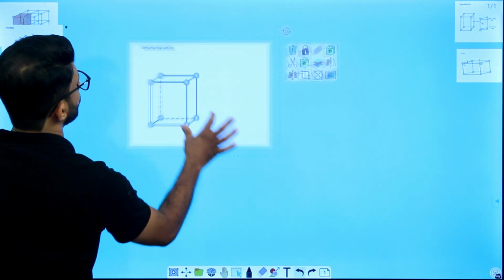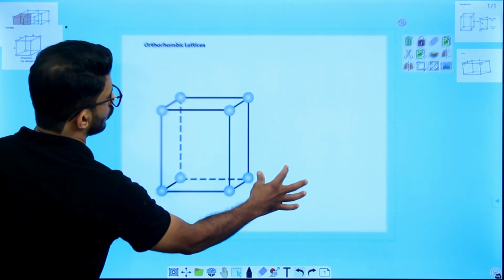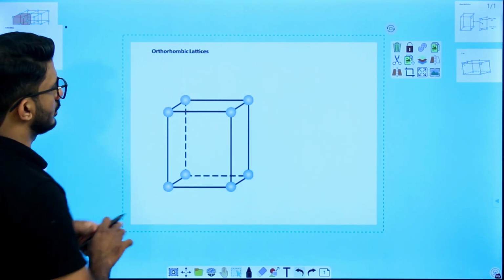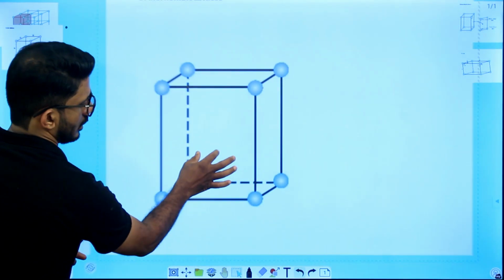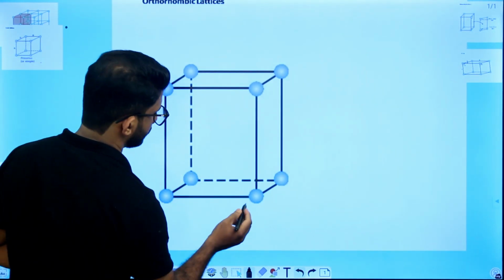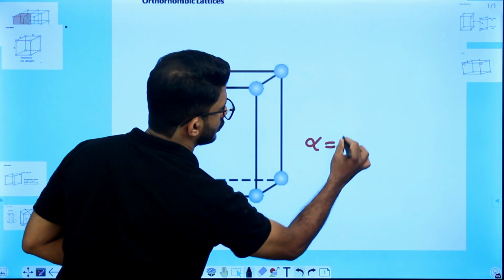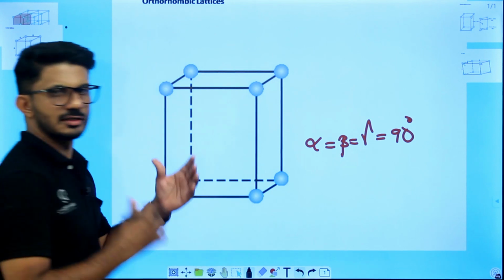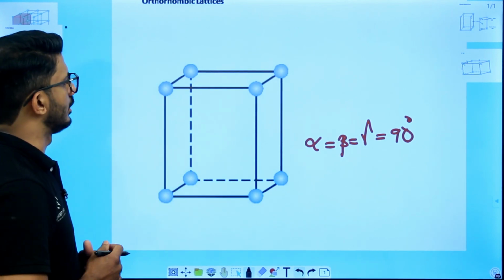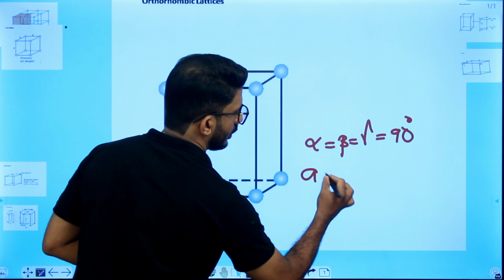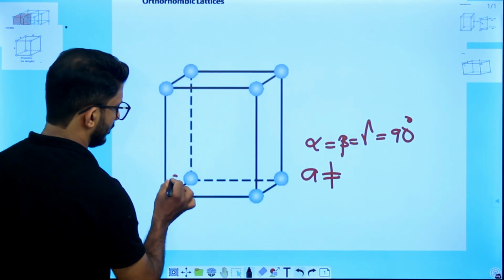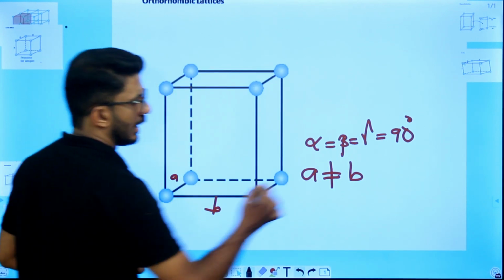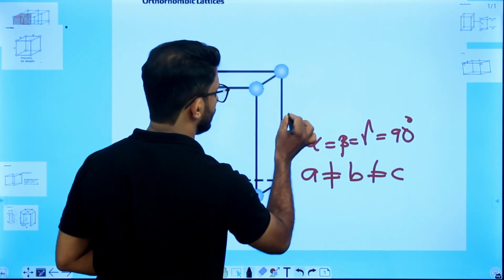The next one is called orthorhombic. Here, what is the specification? As you see, alpha is equal to beta is equal to gamma is equal to 90 degrees. But A is not equal to B, which is not equal to C. This is A, this is B, and this is C, the height.